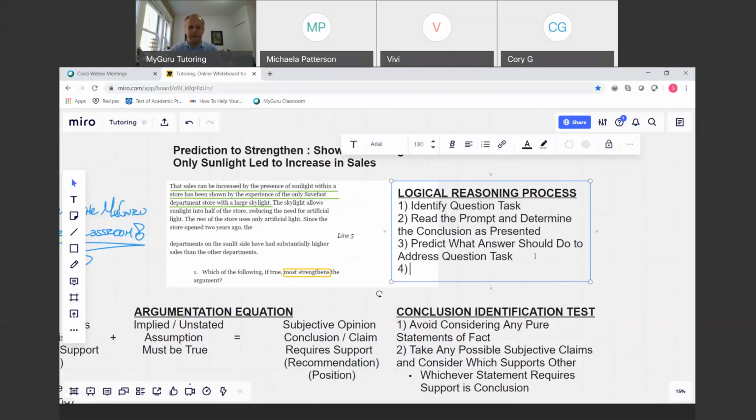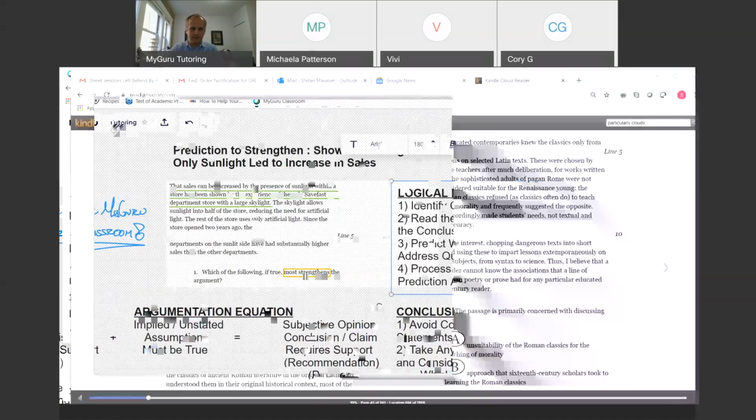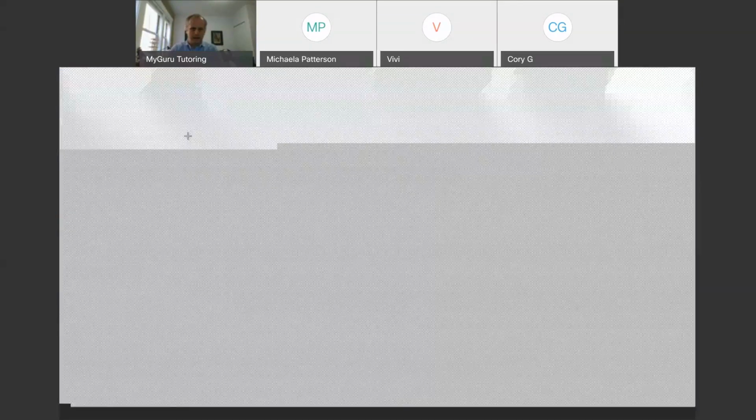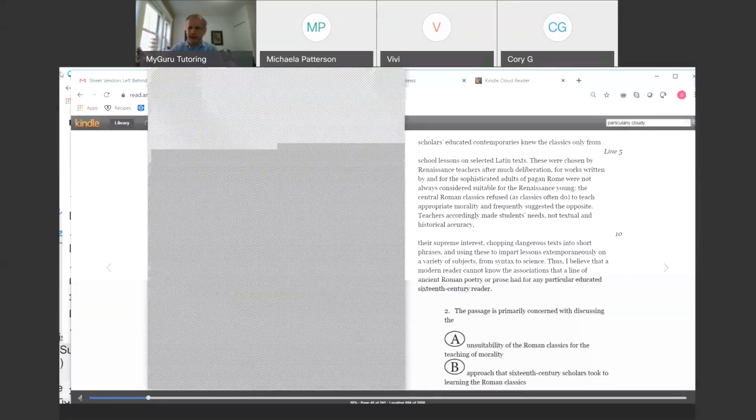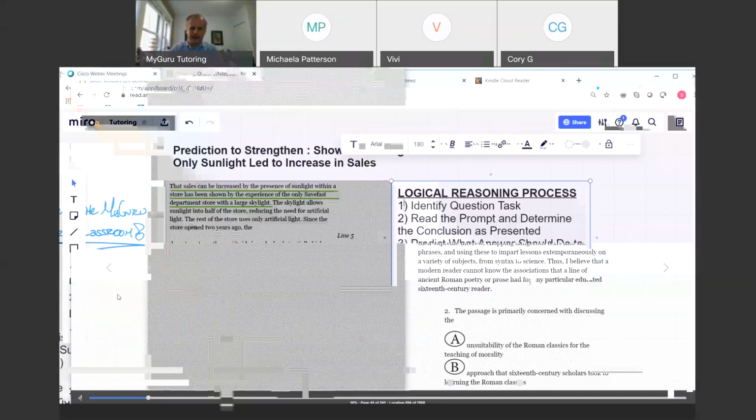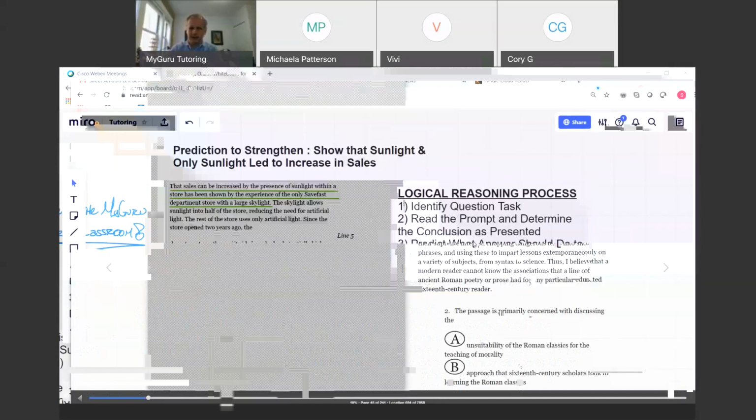Now, step 4 is then going to be to process of elimination: your prediction against the choices. So let's go ahead and bring up the choices. So we'll move our process down just over.